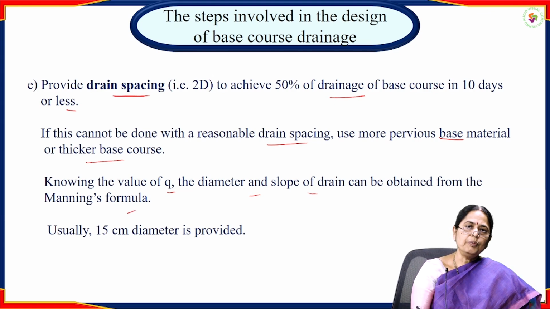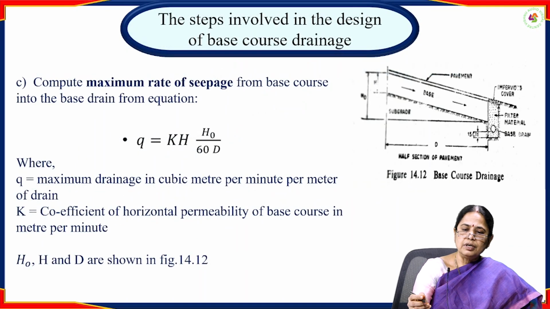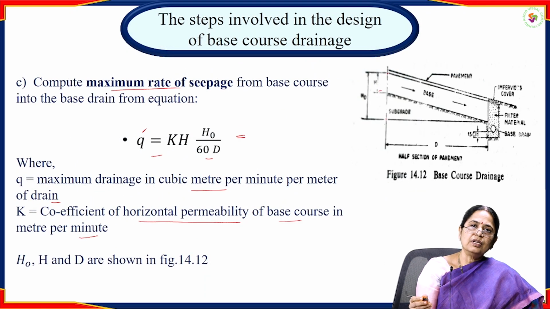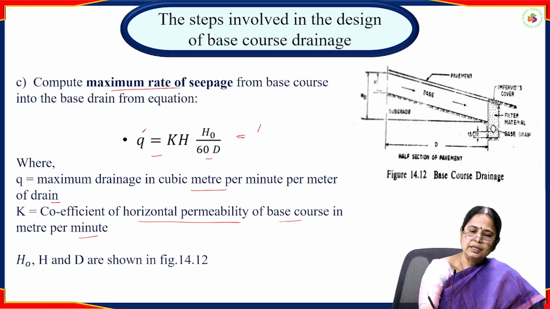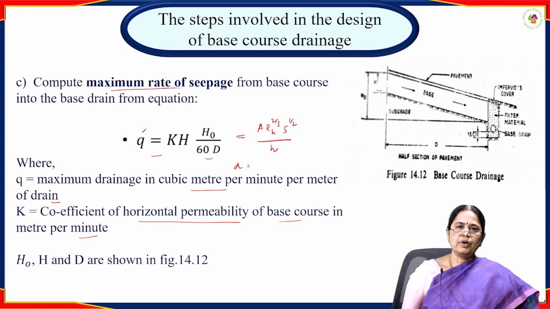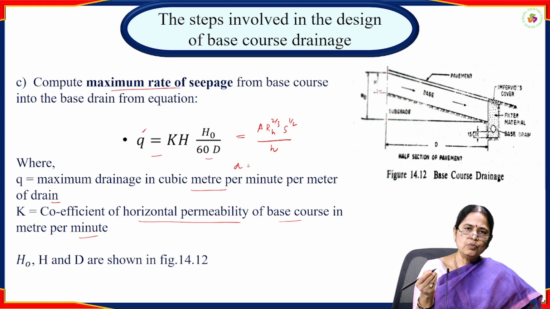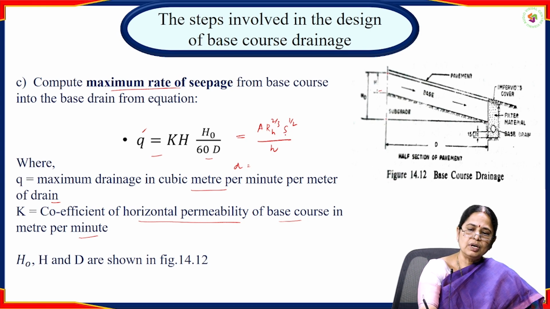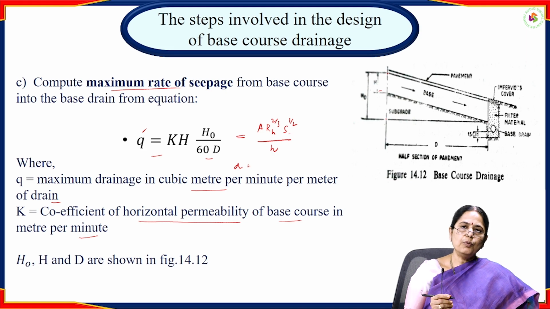So, if you want to identify the diameter of the pipe required for the base course drainage, then equate Q to Q from Manning's formula, that is A into RH to the power 2 by 3, slope to the power of half, divided by N. From this we can calculate the diameter of the pipe. If you have decided the diameter of the pipe, then you can also find out what slope or gradient is to be provided.